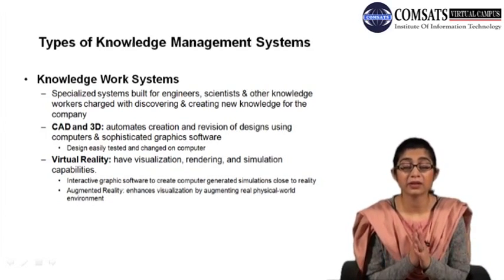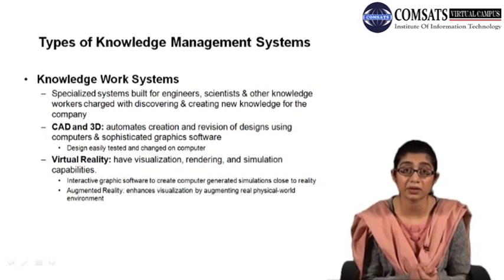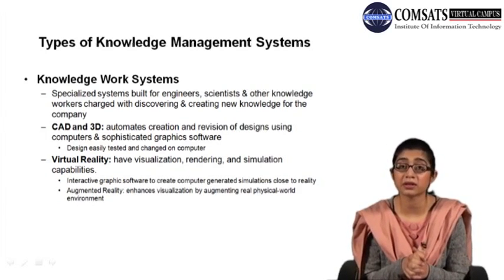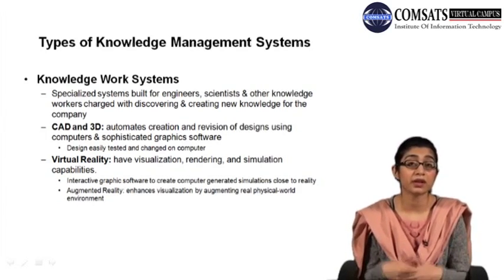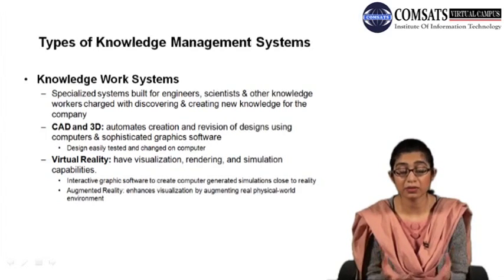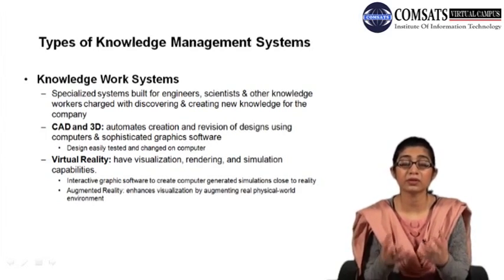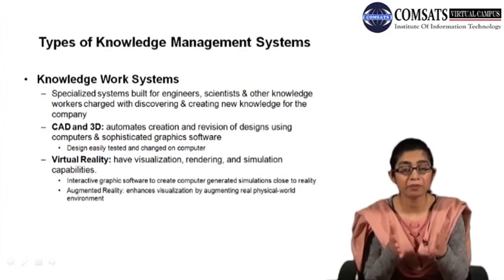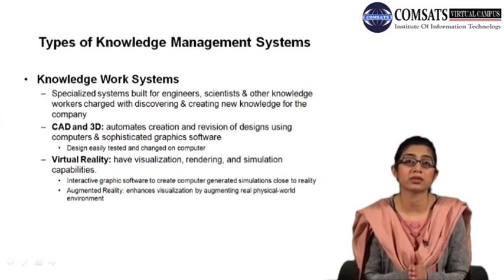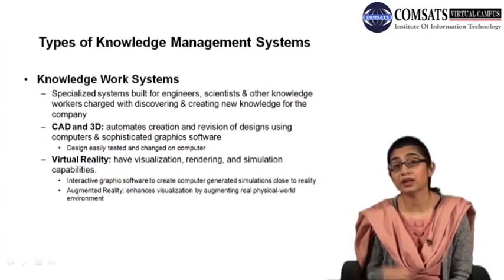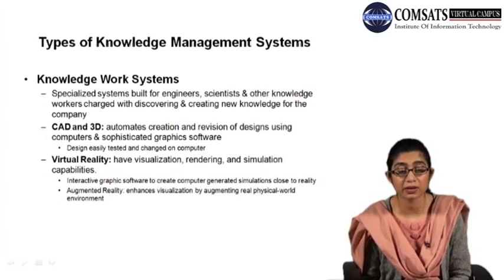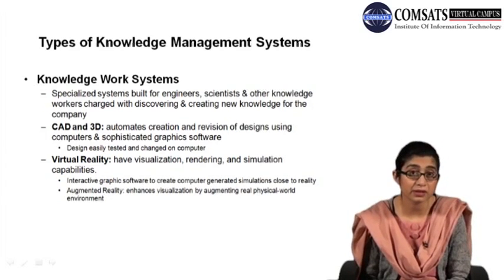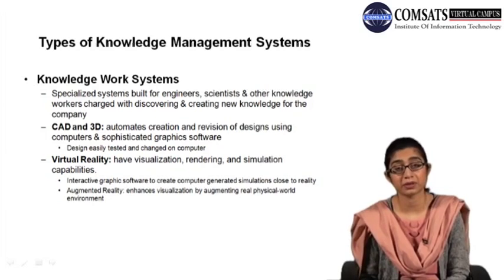So, उसमें they use specialized technologies, very hi-fi technologies, very sophisticated graphic softwares including computer-aided design, 3D simulations, as well as virtual reality to not only create a new kind of knowledge or not only to test the different kinds of situations, especially in manufacturing, but also train the people and disseminate the knowledge as well. So in the next lecture, we're going to do the third kind of category of the knowledge management systems, that is related with the intelligent agents, artificial intelligence, and expert systems.